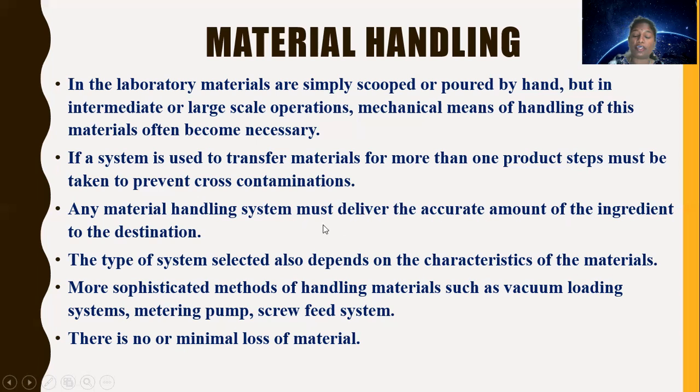If 5 grams is in the storage area, then after transferring it should still be 5 grams. If it is degraded, material loss will happen. Material loss leads to improper uniform size, reduced batch size, and less therapeutic effect.